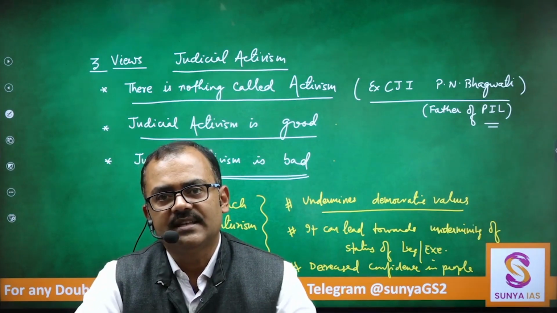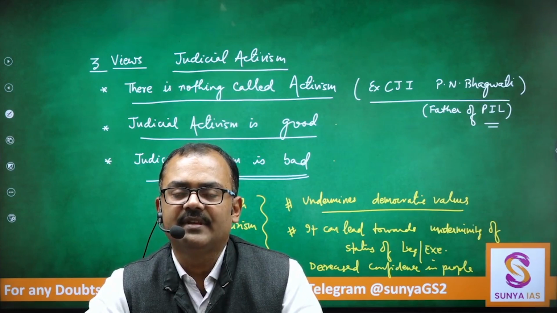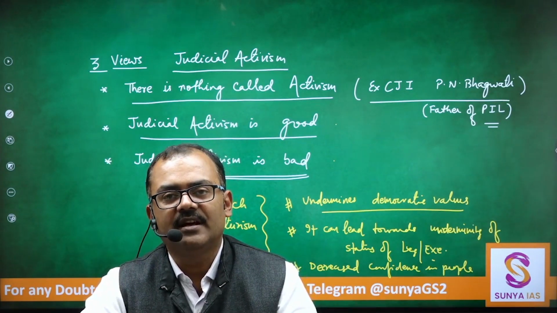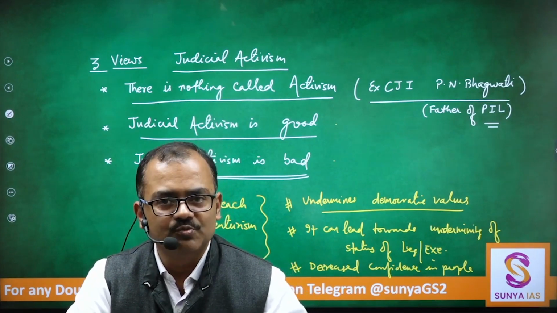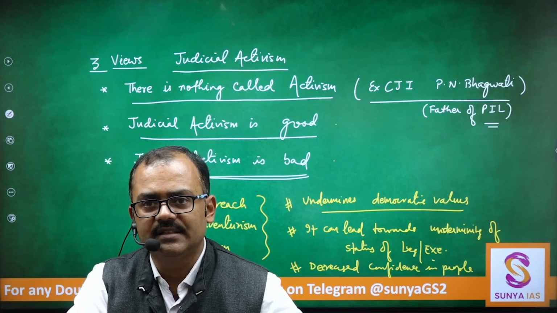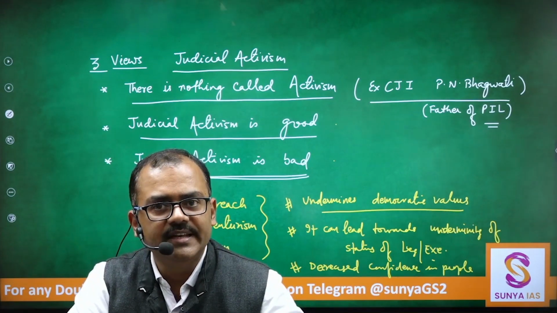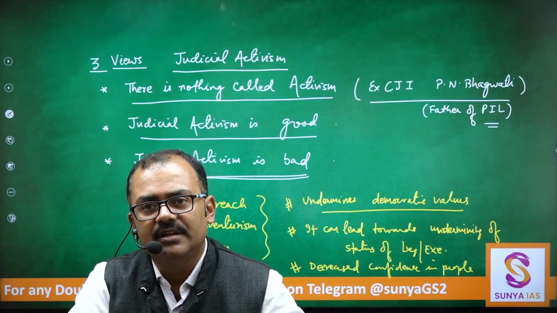He decided that this students' movement should take place in Delhi, at Ramlila Maidan, where Anna Hazare and Ramdev also held their movements.